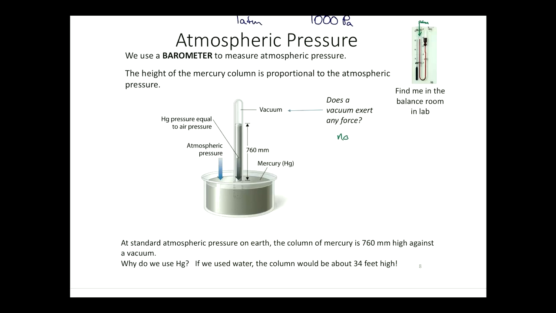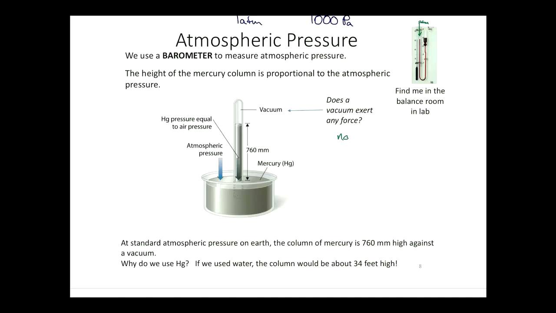So the atmospheric pressure is equalizing the force being exerted by the mercury inside this tube. When you set up this experiment and you have regular atmospheric pressure here, the height of mercury in the tube is about 760 millimeters, like 3/4 of a meter. So not too high. All right.